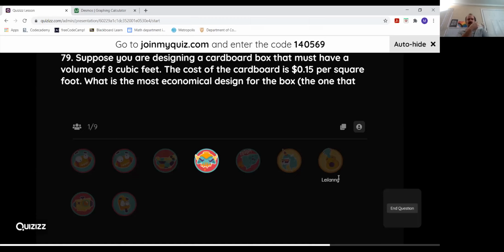So we're doing 8 cubic feet. The first thing you want to ask is, what is one side going to be? What is the measurement on one side? Oh man, I didn't do the right thing. Dang it. That's why.